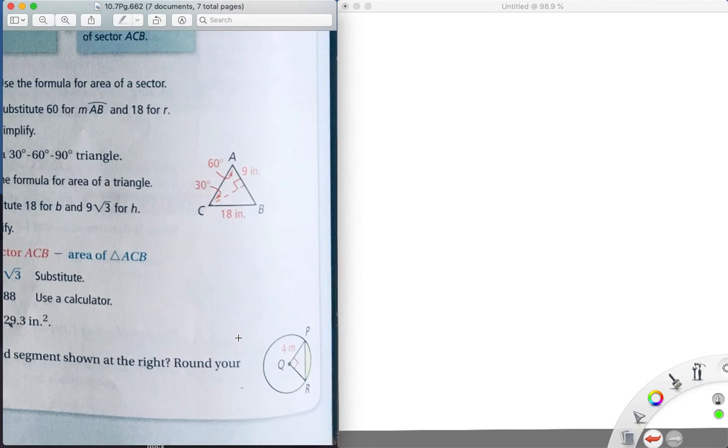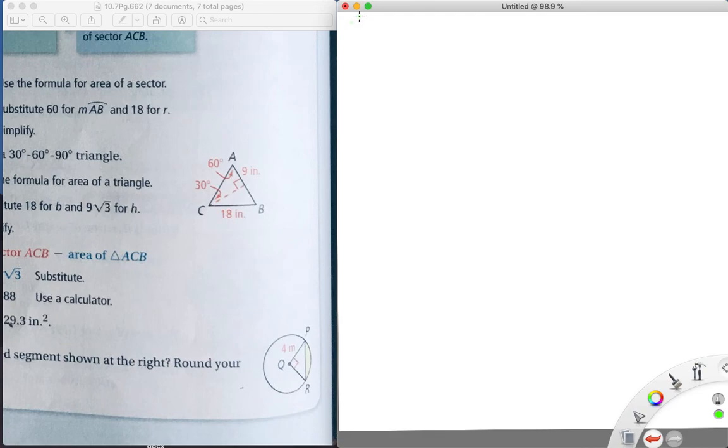The radius is 4. Notice that it's a 90 degree angle. When I cut that in half, that's going to be 45. So that means that we're dealing with a 45-45-90.